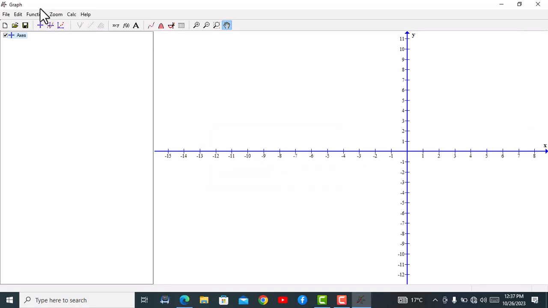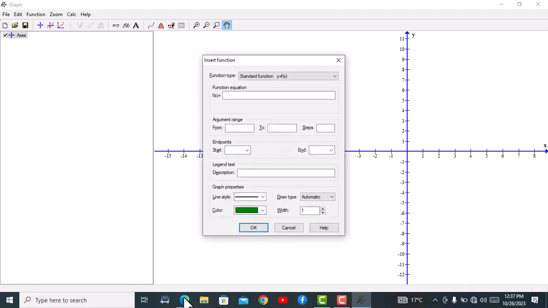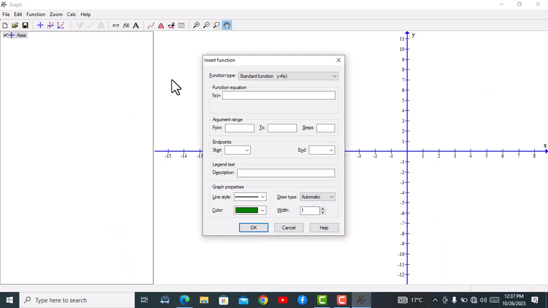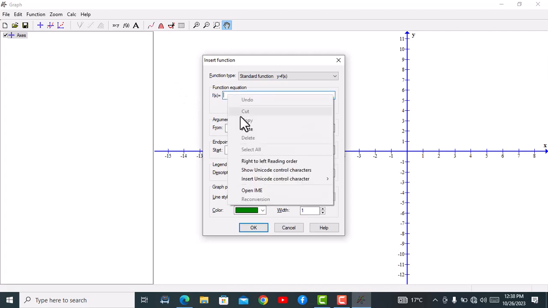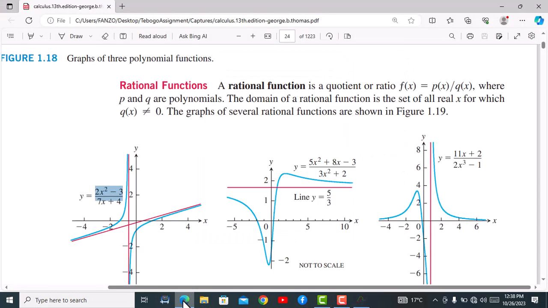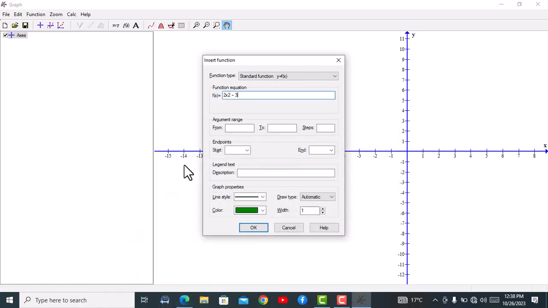Yes, so let me just do this, and what I'm going to do is to take this, copy this, and paste that. So we have 2x, let me check, 2x squared.